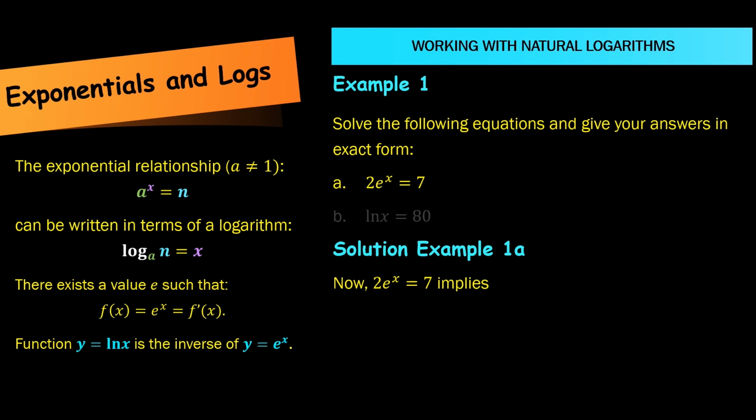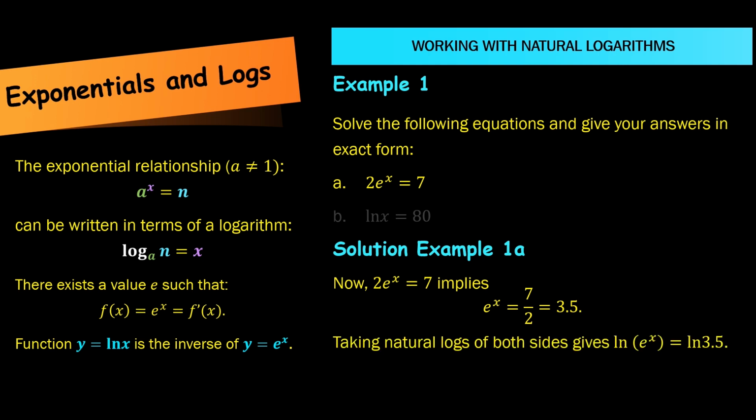2e to the power x equals 7 implies e to the power x equals 7 divided by 2. Of course, we've simply divided by 2 here. And therefore, e to the power x equals 3.5. So if we take natural logs of both sides, ln of e to the x equals ln 3.5.